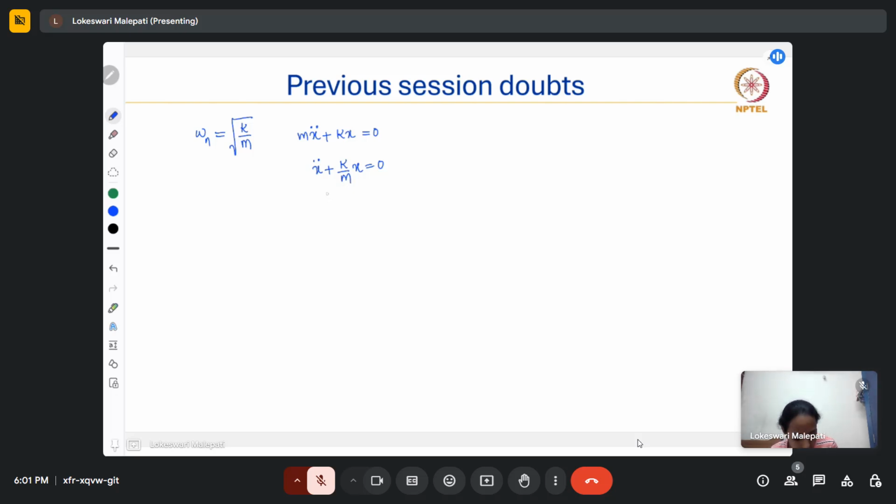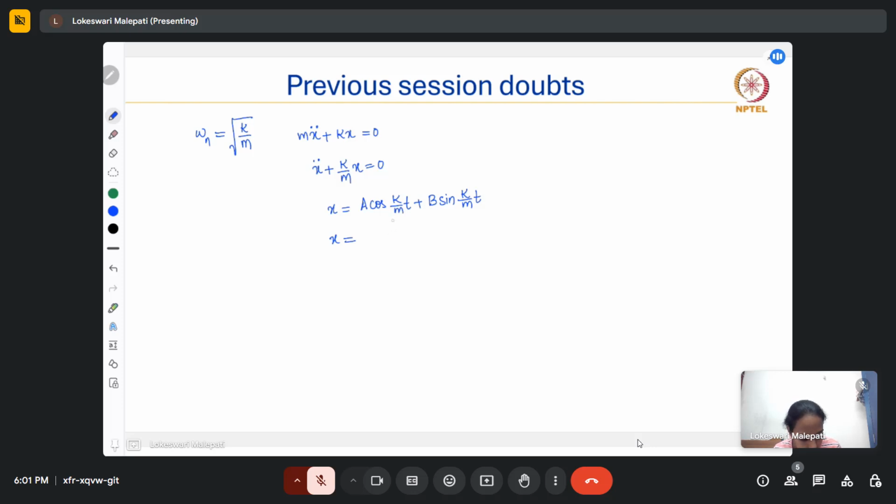If we solve this equation, we have the solution as usual: a cos of square root of k by m t plus b sine of square root of k by m times t. We are not substituting omega as root k by m. Otherwise everything is the same.